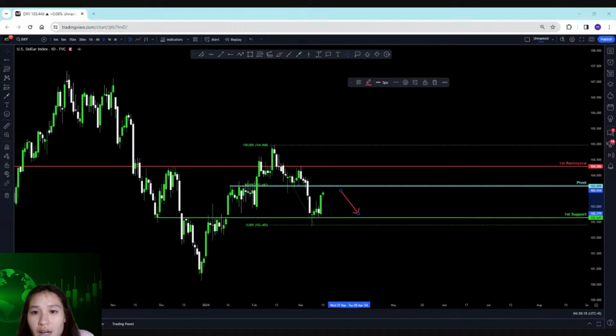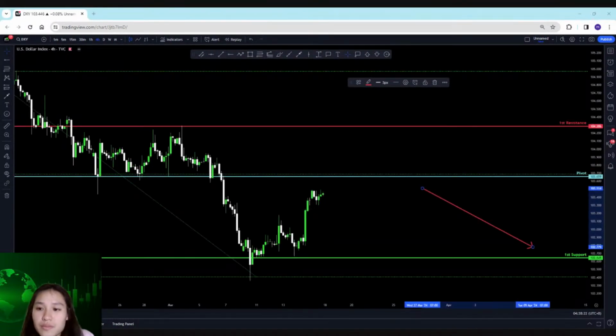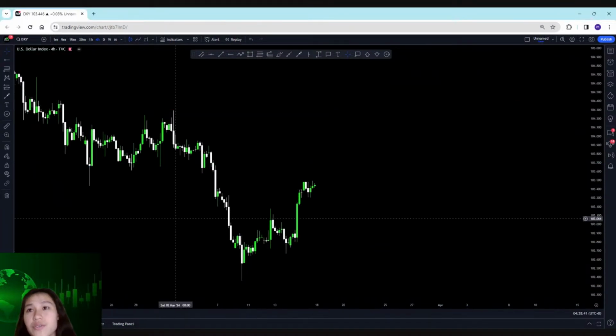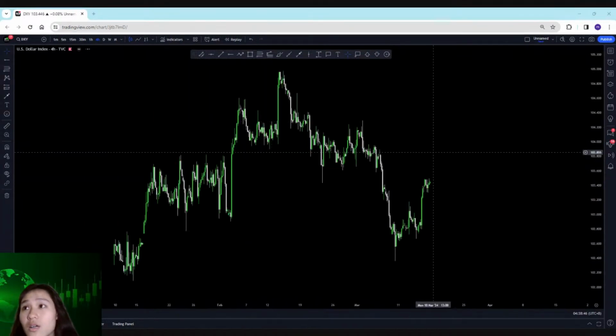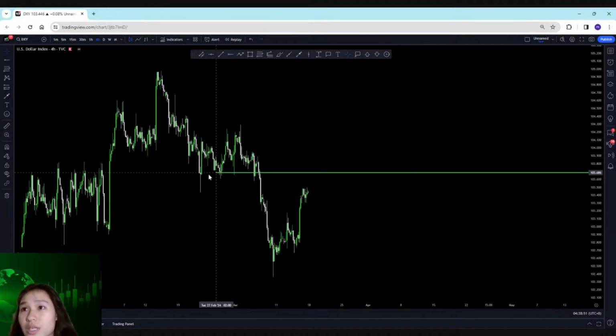Let's look at our 4-hour time frame now. On our 4-hour time frame, first resistance over here.